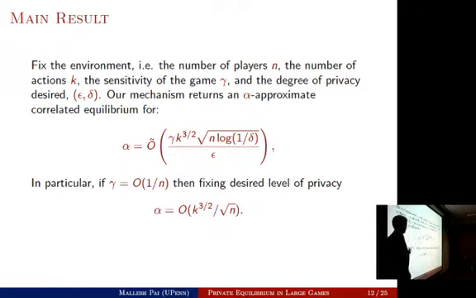In particular, if you think about a game like a random matching game where you can hold k fixed, and gamma is of the order of 1 over n, you can get approximate correlated equilibria of order 1 over square root n.